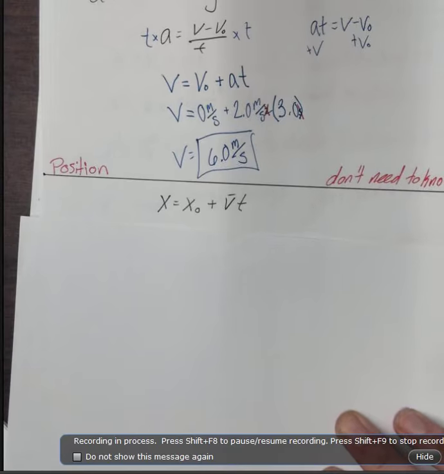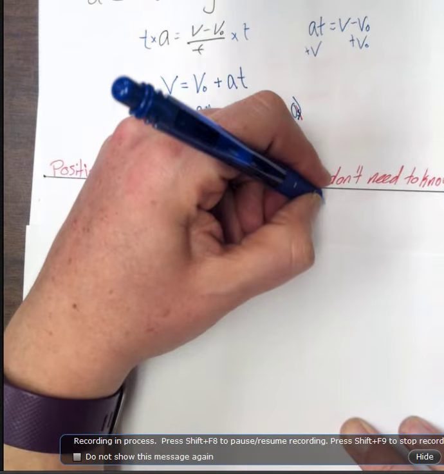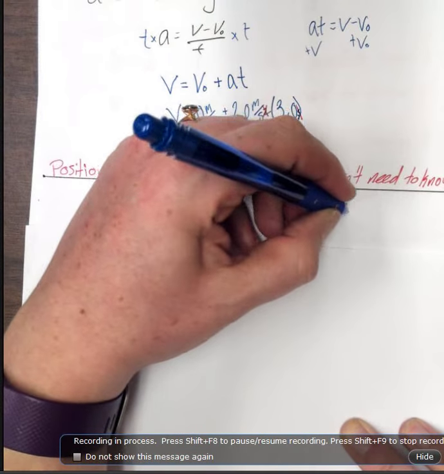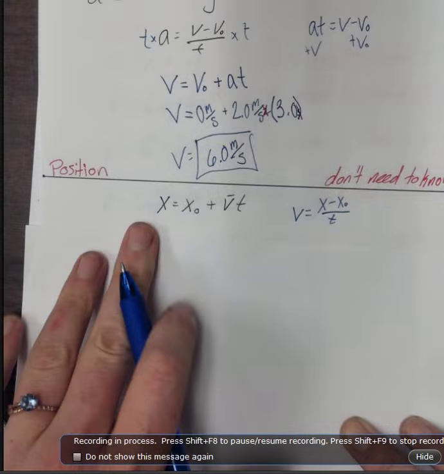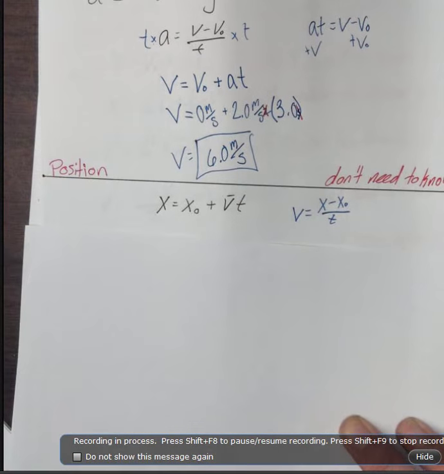All right, so for this equation, we're going to consider the fact that we know that velocity equals the change in position over time. Remember this, the velocity equals change in position over time. If you look at this format, it's this equation rearranged, just like I rearranged this equation. You should see the relationship.